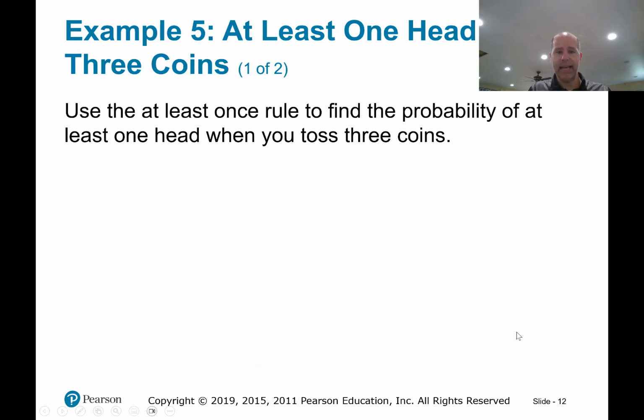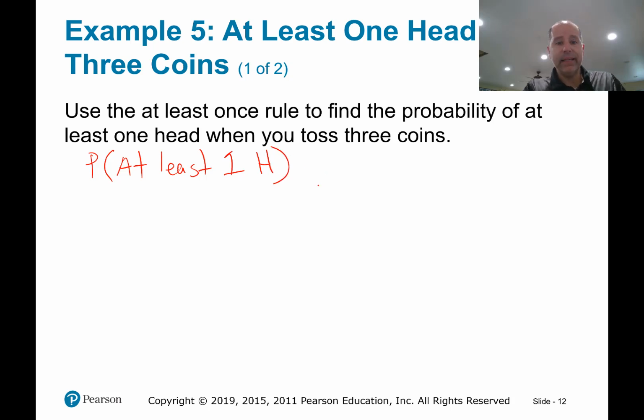So let's look at an example. We want the probability of at least one head when we toss a coin 3 times. So we want the probability of at least one head.